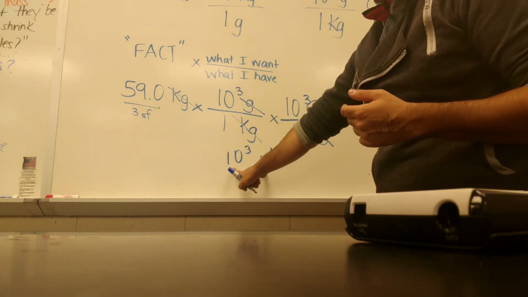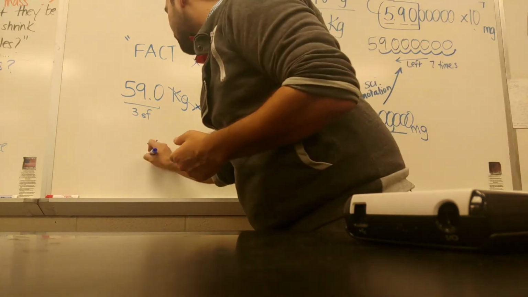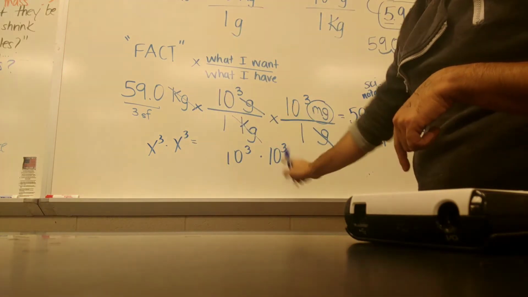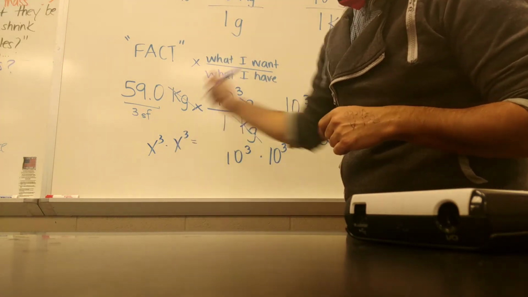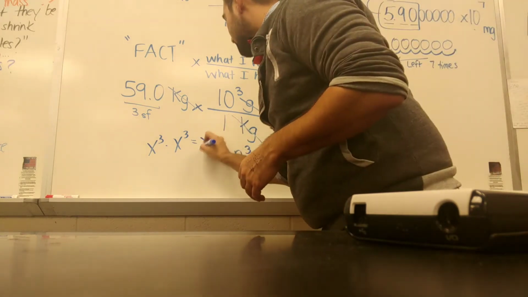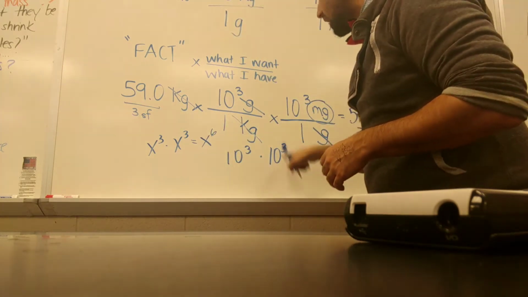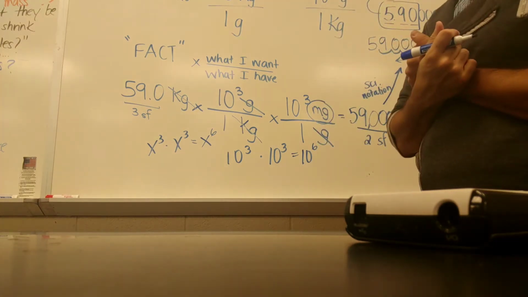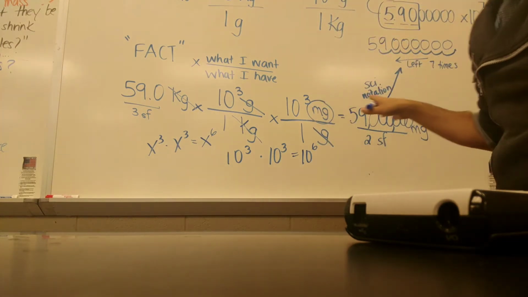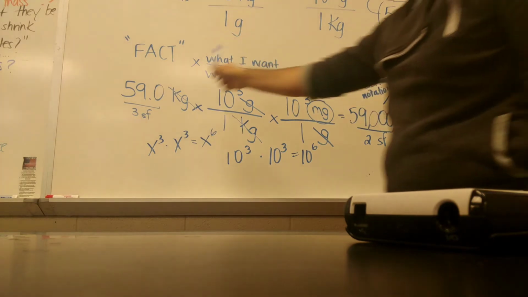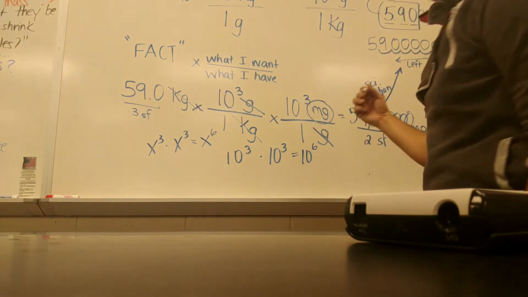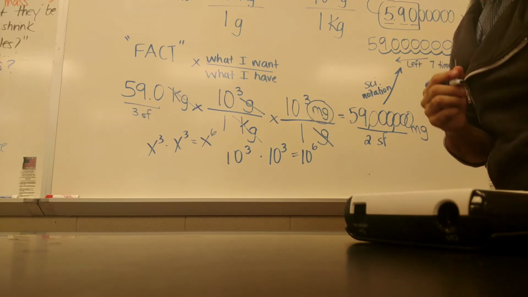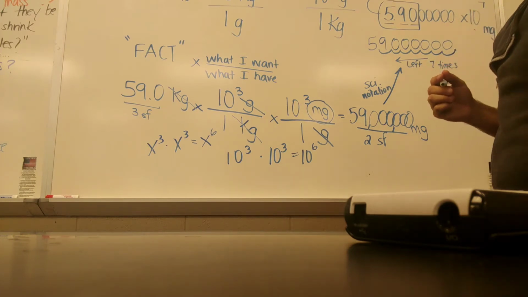They have the same base of 10. So if you remember x cubed times x cubed, that's going to be x to the 6th. So 10 cubed times 10 cubed, that's going to be 10 raised to the 6th. And that's where I'm getting these 6 zeros from. It's going to be 59.0 times 10 to the 6th, or 5.90 times 10 to the 7th milligram.